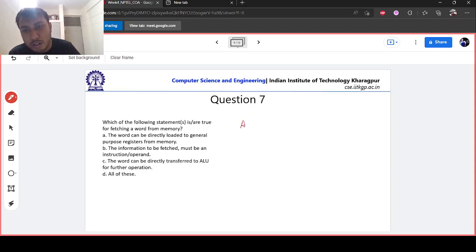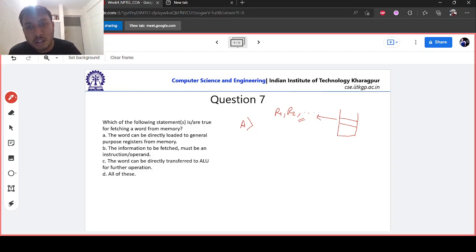What does option A mean? Option A says that the word which is there in the memory can be directly loaded into general purpose registers like R1, R2, and so on. We can directly push the data into one such register. So this one is wrong.